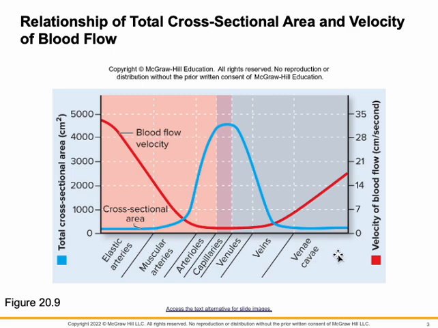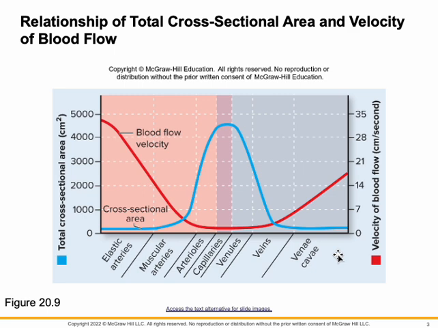And so what you can see is that as you change the cross-sectional area, right? Essentially the cross-sectional area of a vessel is the luminal diameter.